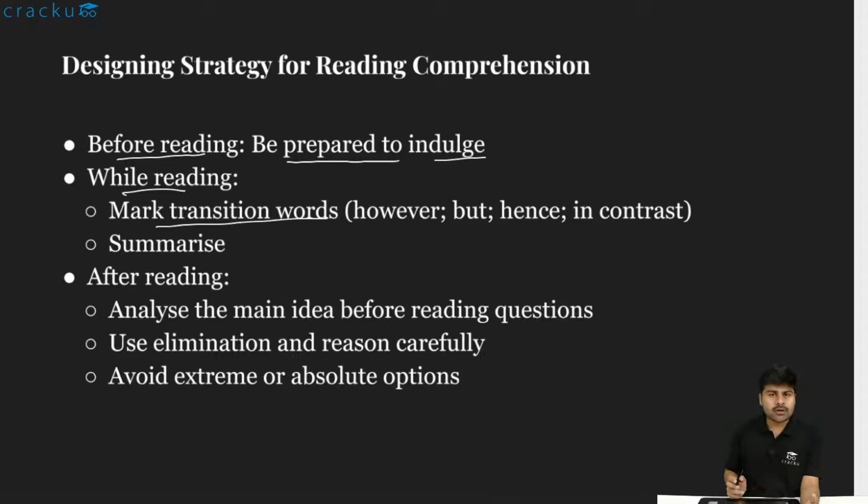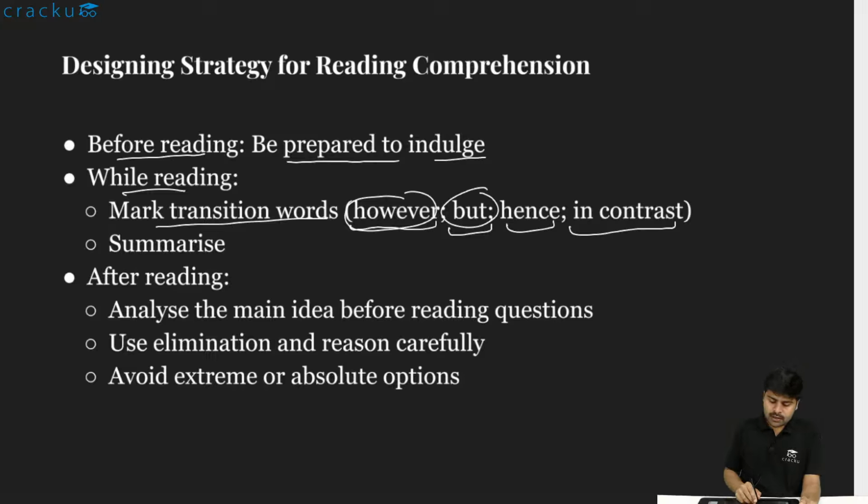We all understand what transition words are essentially, right? By now, I hope. So essentially, words like however, but, hence, in contrast. These words are referred to as transition words because they show how we move on from one sentence to the next. And these keywords become very important because they tell us what the author thinks, right?